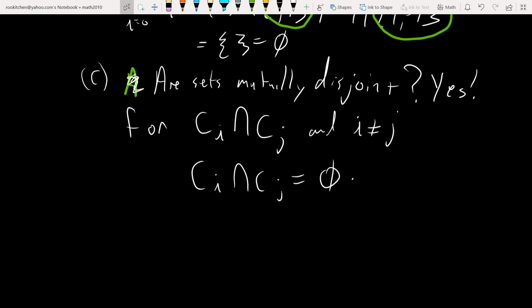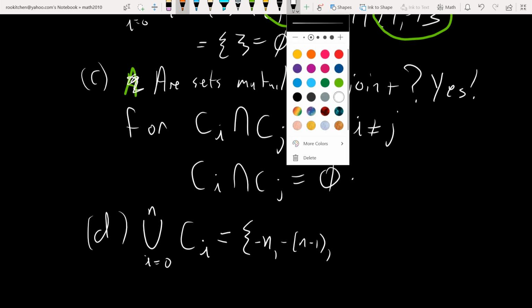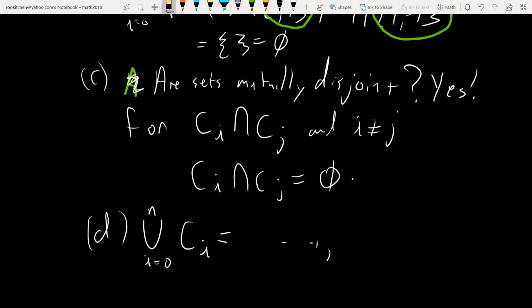Let's look at some more realistic unions and intersections you may see. So the union of the sets C sub I from 0 to n, you have the set negative n through n at the end of the day. So what is this? Let me erase that and do it piece by piece. Sorry, the pen wasn't working.